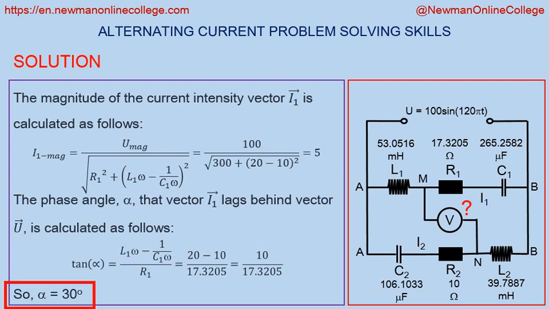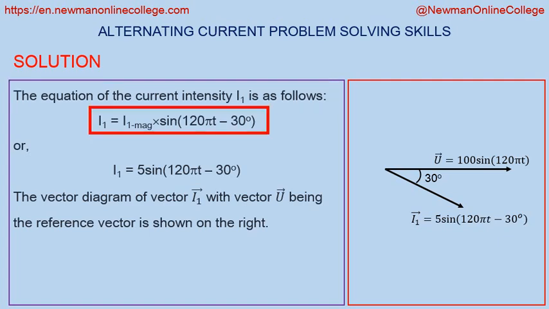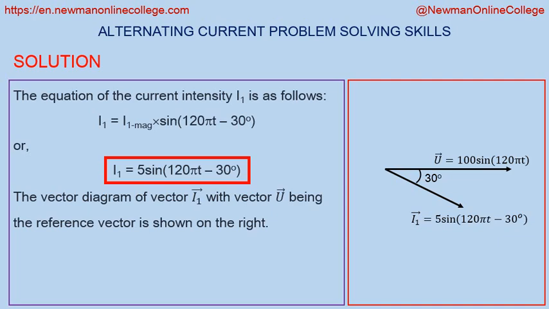So, alpha equals 30 degrees. The equation of the current intensity I1 is as follows. I1 equals |I1| times sin(120πt minus 30 degrees), or I1 equals 5 sin(120πt minus 30 degrees).